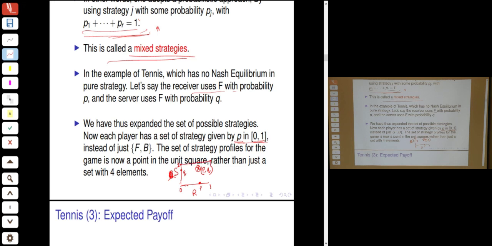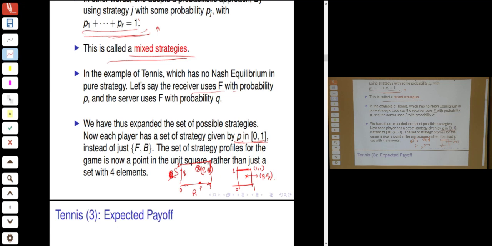So, geometrically, you should pardon my drawing abilities, imagine that this is a square. It looks more like a rectangle, I understand that, but it's a square. So, 0, 1, 0, 1, and this is 1, 1, and P and Q lie somewhere in between.